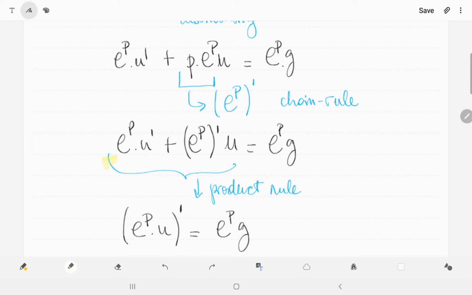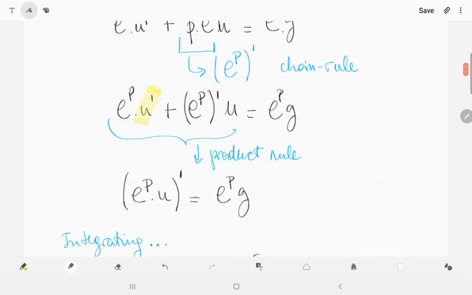And now if we pay attention to the whole left side of the equation, by the product rule, we have exactly the first derivative of the first times the second, and the second derivative times the first. So we have the product rule here. That's what I meant. So we have exactly this expression.